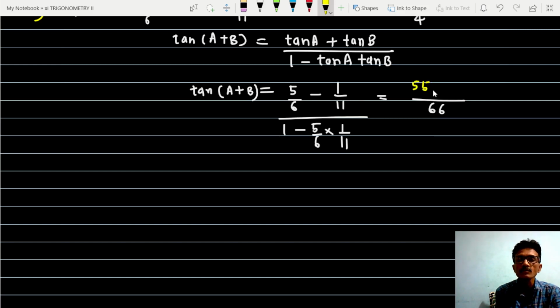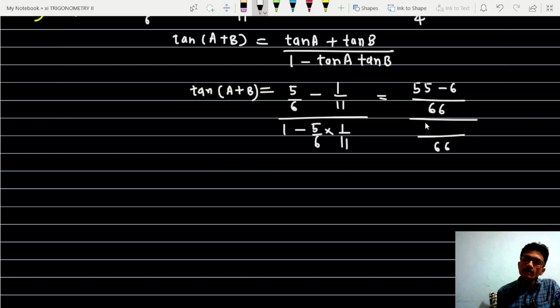Cross multiplication gives 55 plus 6, divided by, again the LCM of the denominator is 66, 66 minus 5.